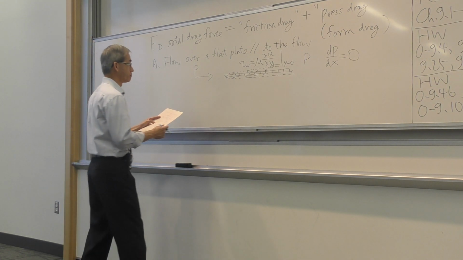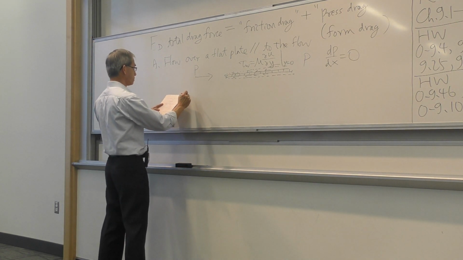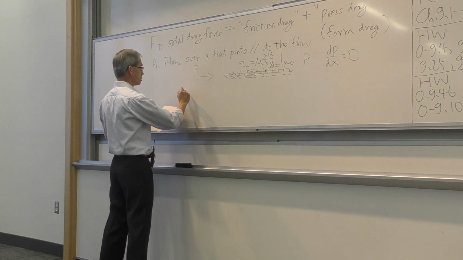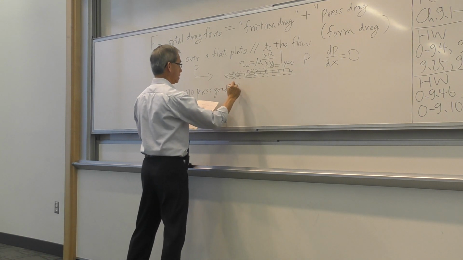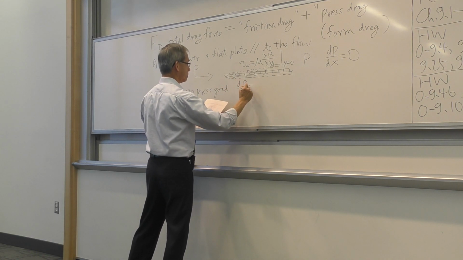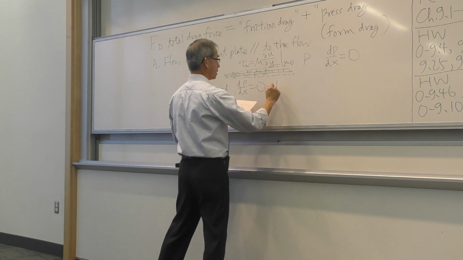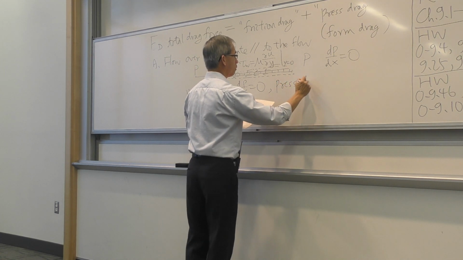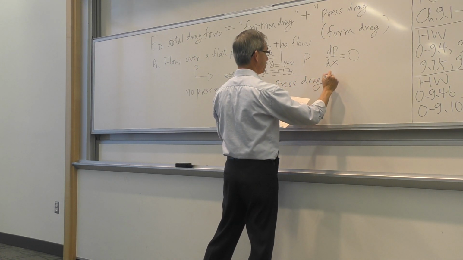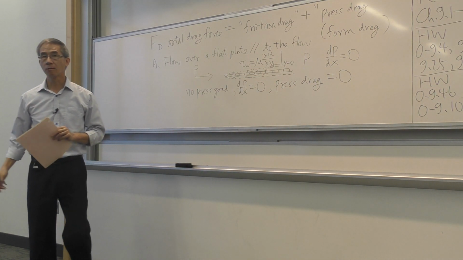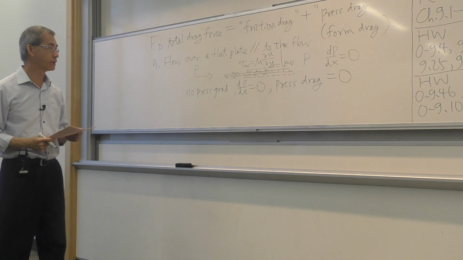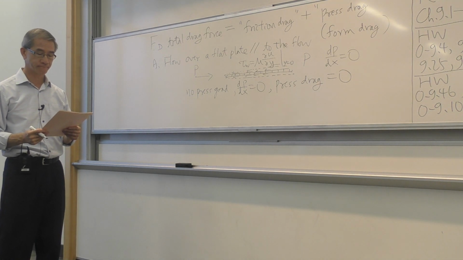For this example, because there's no pressure gradient, and dP/dx is 0, we have no pressure drag, meaning the upstream and the downstream pressure are equal. There's no pressure differential acting over an area to create a form drag.